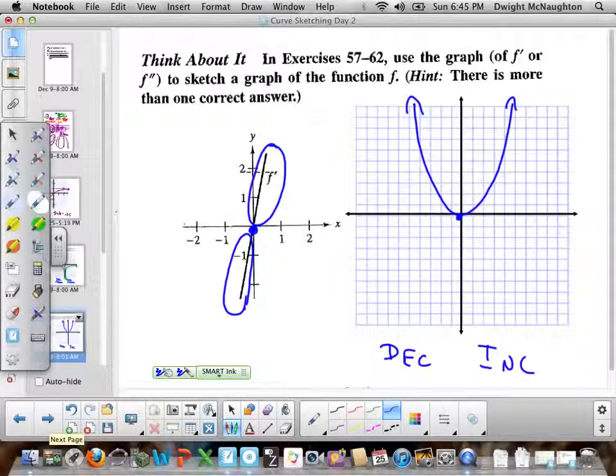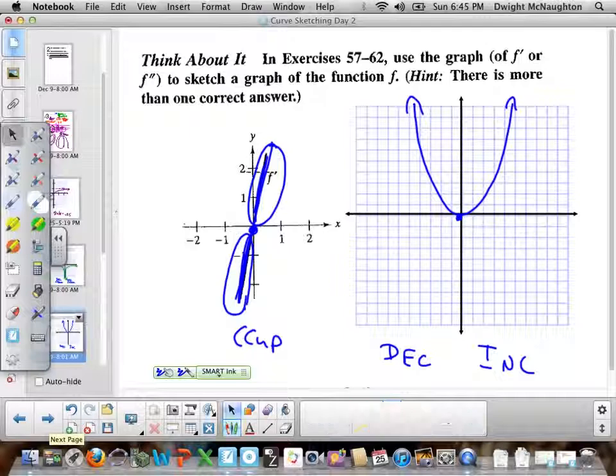And we can see our derivative is increasing the whole way. That means it's always concave up, because when the derivative is increasing, the second derivative is positive, which means concave up. We can see we have a relative min here because we switched the derivative from negative to positive.